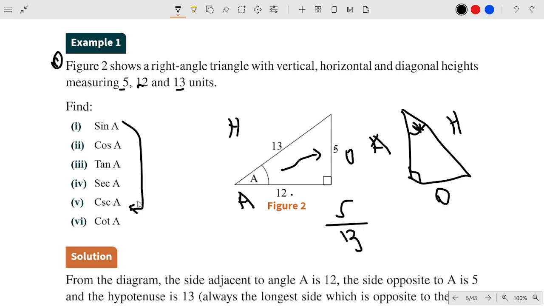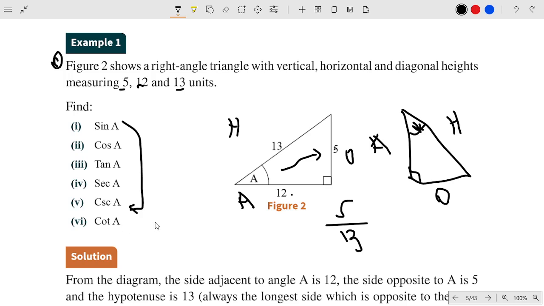It means that cosecant will be hypotenuse on opposite. So we have the hypotenuse being 13 and the opposite being 5. So it is going to change from 5 on 13 to 13 on 5, being the cosecant A.